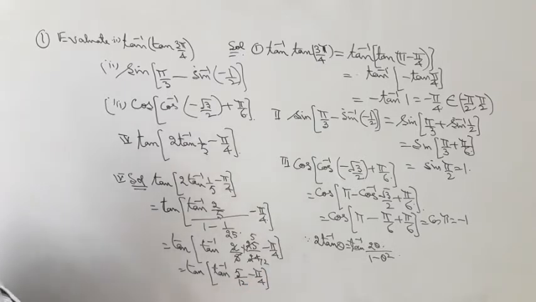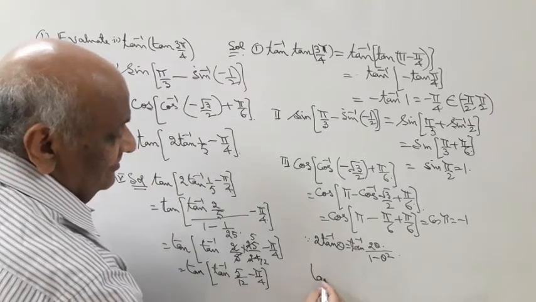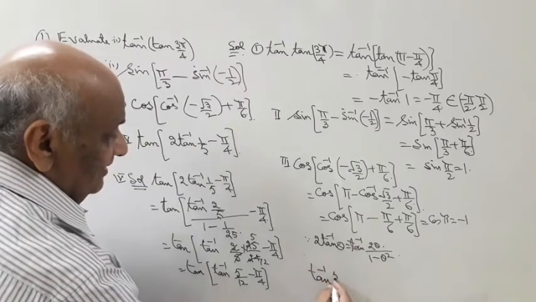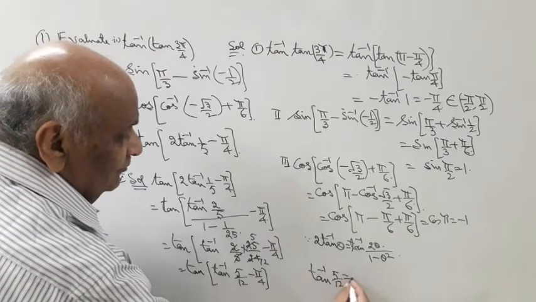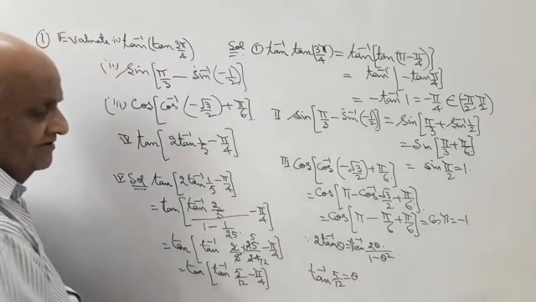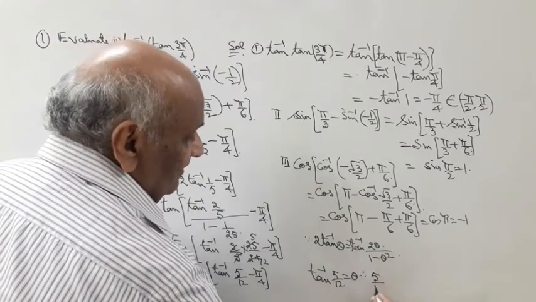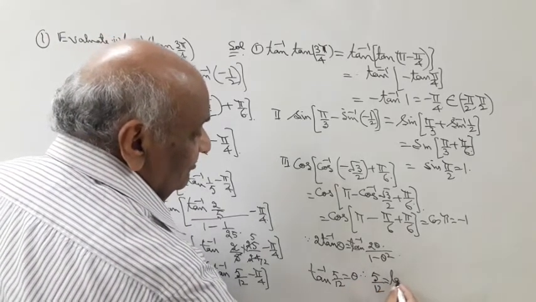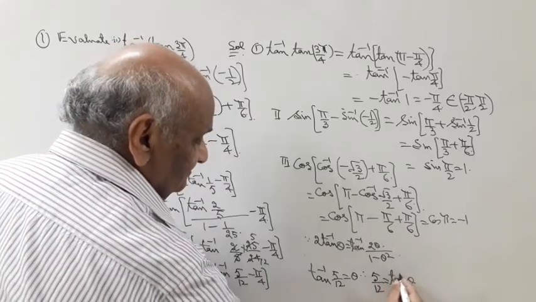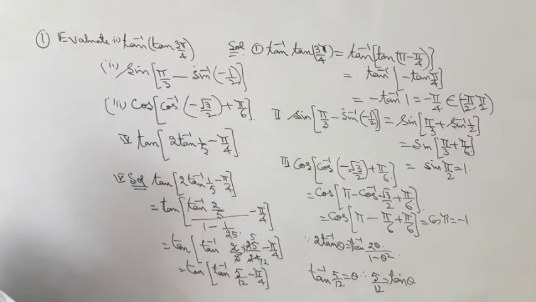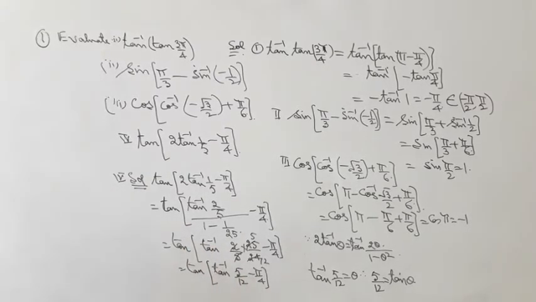Check up please. If I put tan inverse 5 by 12 equal to theta, then we get 5 upon 12 is tangent of theta. Please see, I put 5 by 12 equal to tan theta.